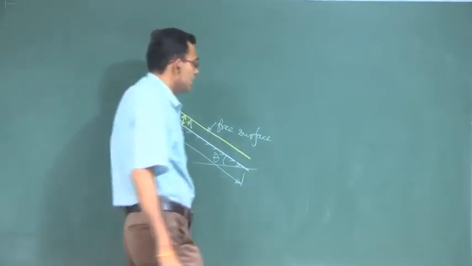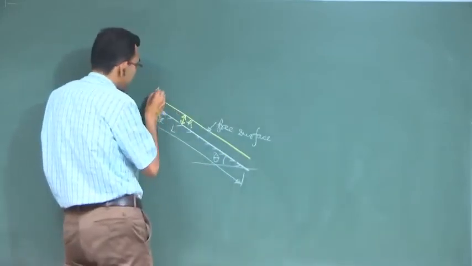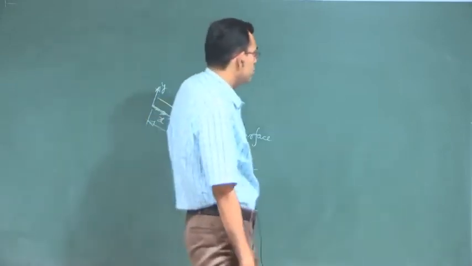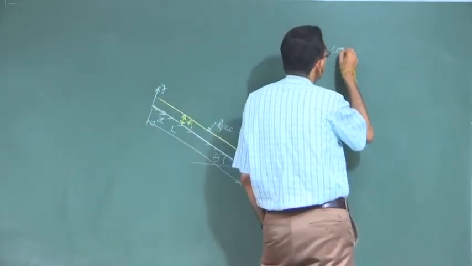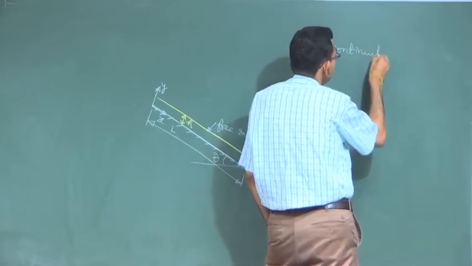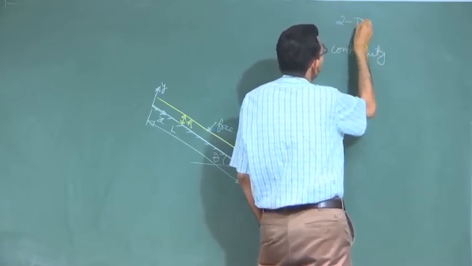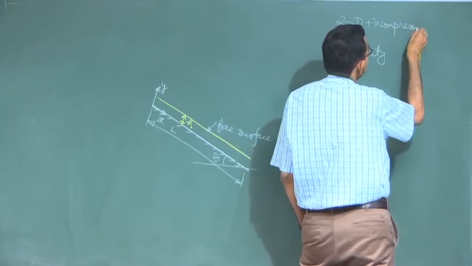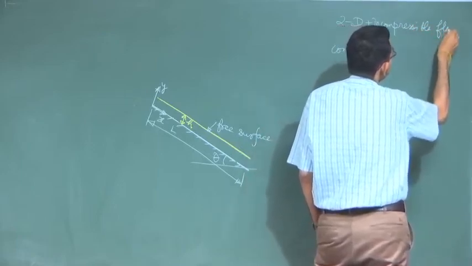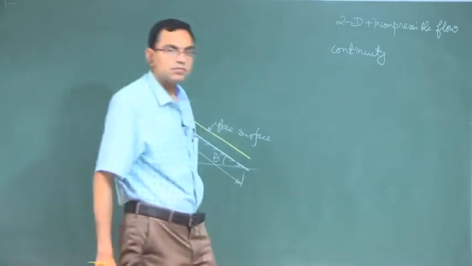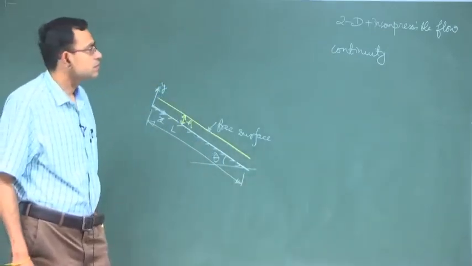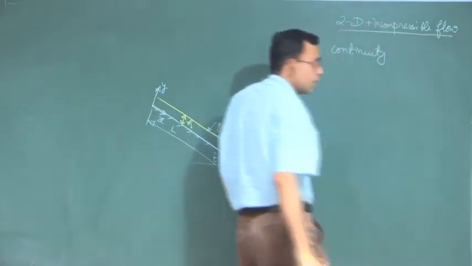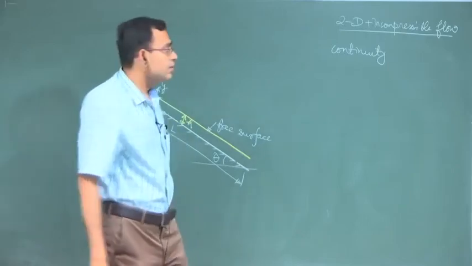Okay. So, let us set up the x axis and y axis like this. So, we will set up the continuity equation. Let us assume that it is a 2-dimensional incompressible flow. So, the continuity equation.